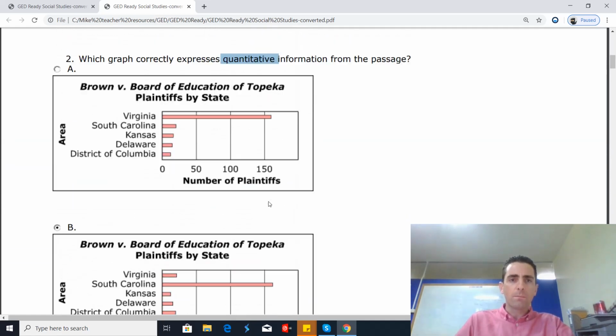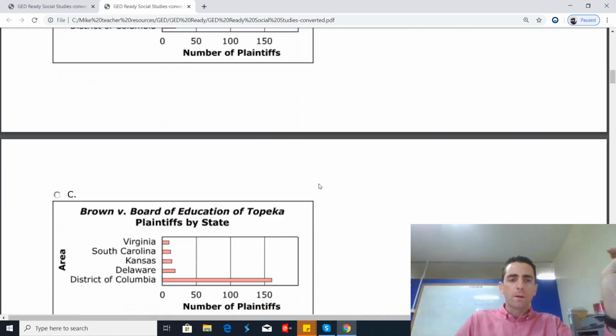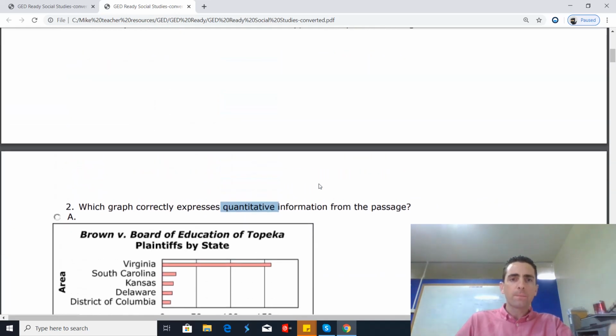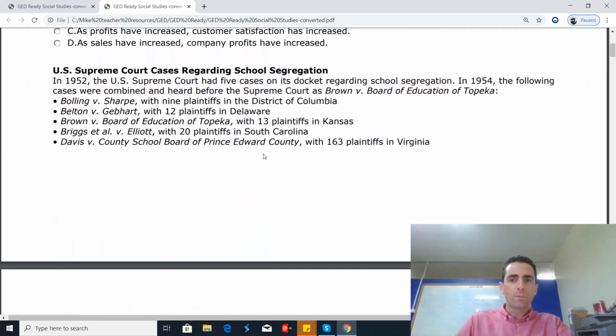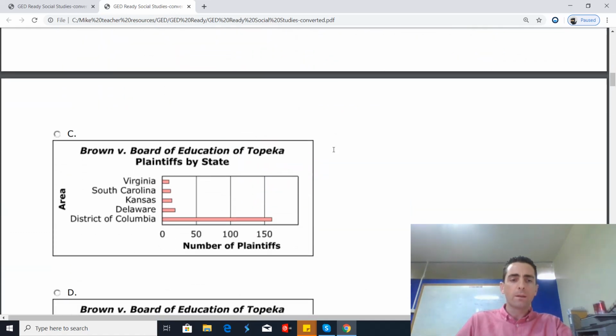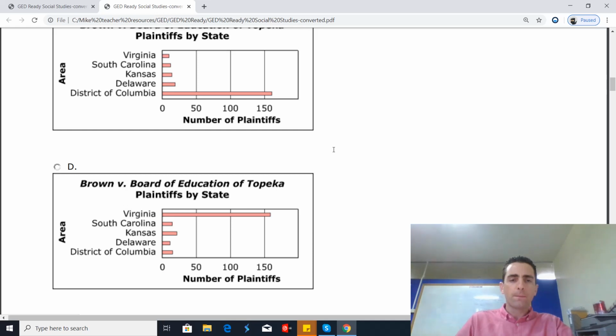Here, District of Columbia, over 150. District of Columbia, 9, so it can't be that. And D, Virginia, over 150. 163, yes. Okay, and then it could be D. Virginia, over 150.